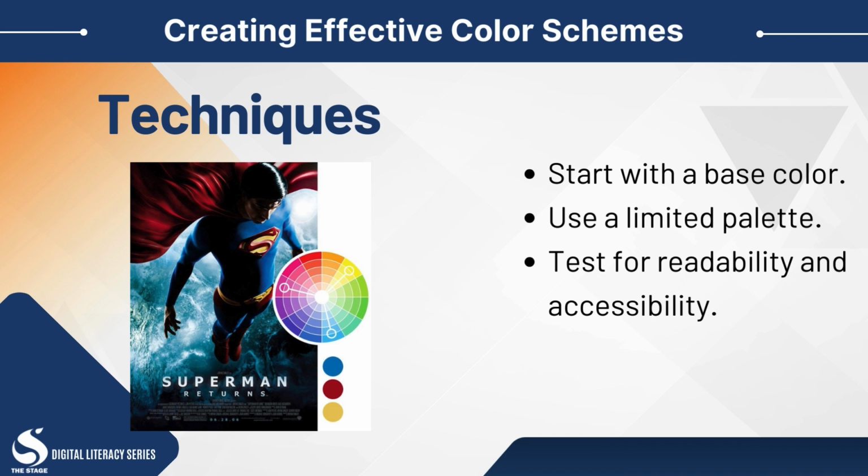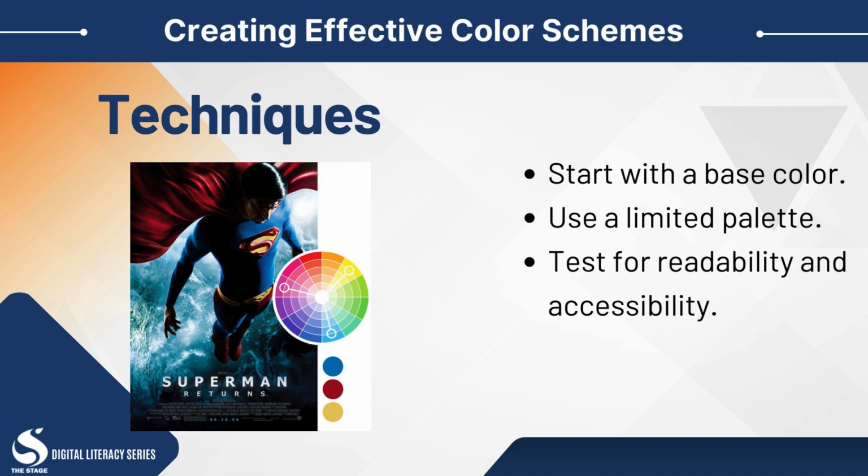Always a rule of thumb for me, use as limited a number of colors to maintain that coherence, and always test for readability and accessibility. So even though it may seem intriguing to utilize as many colors as you want, it's best to use a limited number of colors because you want to make sure that, I've talked about this before, ADA compliance.